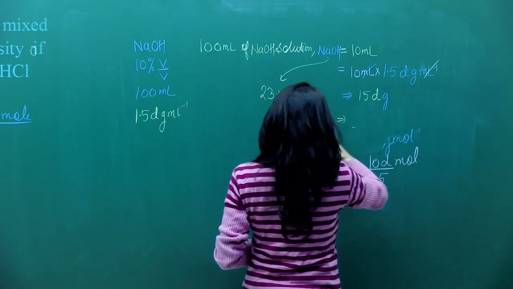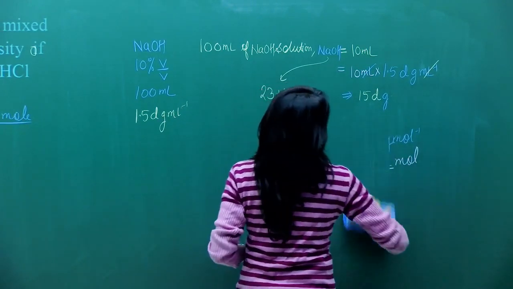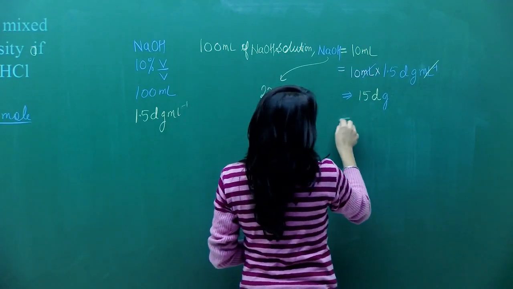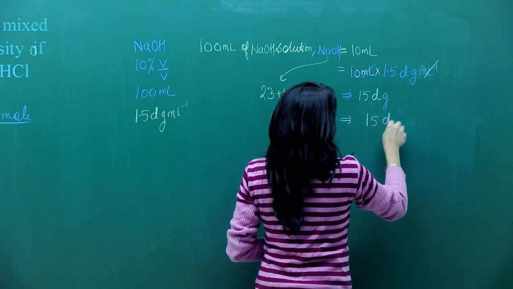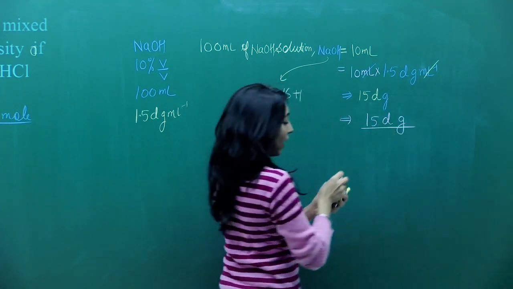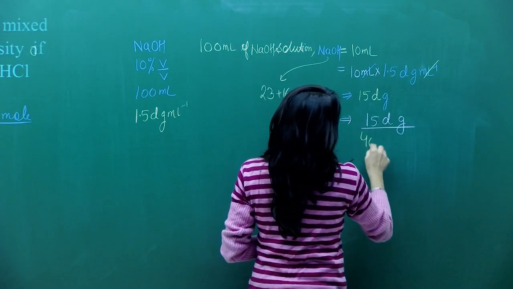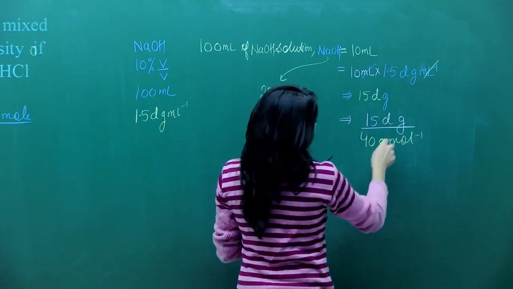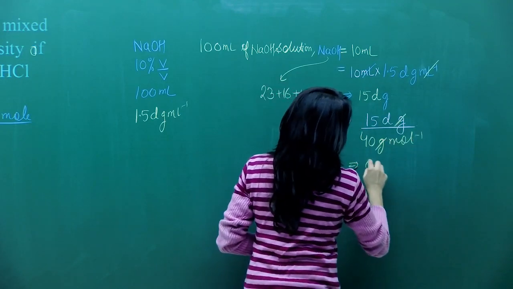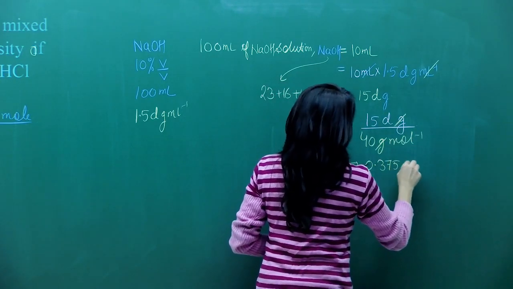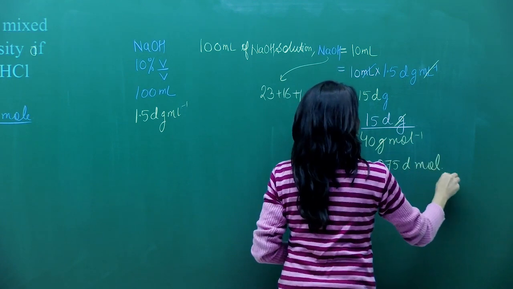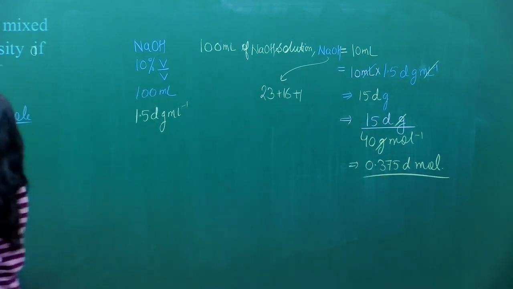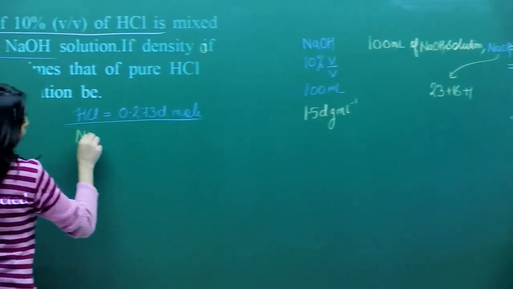Let's rewrite it so that we do not get confused. So finally we'll be getting the number of moles as 15d grams divided by 40 grams per mole, right? And this gram will get cancelled. You'll get 0.375d moles, right?